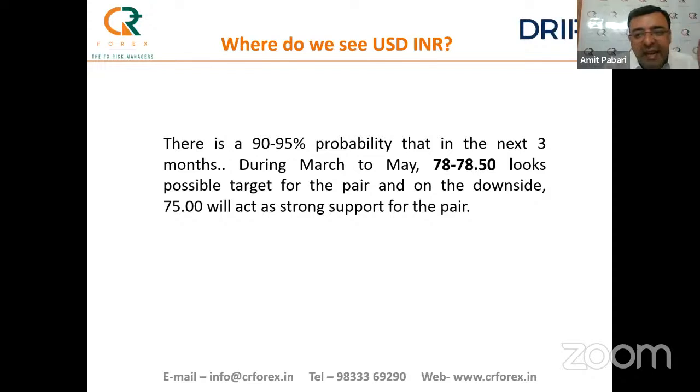There is a 90 to 95% probability that in next 3 months, between March to May, dollar rupee का possible target is at 78 to 78.5 level. And on the downside, 75 will act as a very, very strong support for the pair.